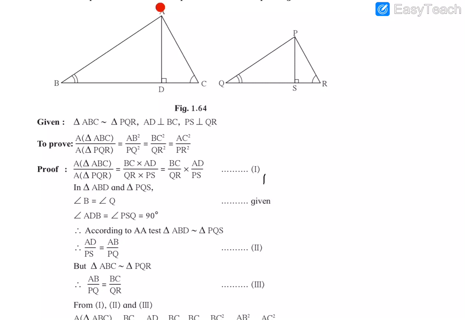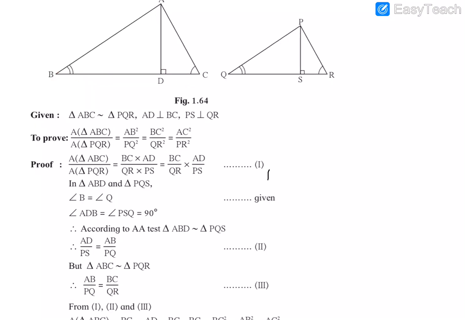We are again taking the side AB and BC, the base side and this side in this whole triangle. The side corresponding to AB is PQ, so AB by PQ equal to BC by QR, since BC's corresponding side is QR and both triangles are similar. So AB by PQ is equal to BC by QR. We mark it as the third condition.